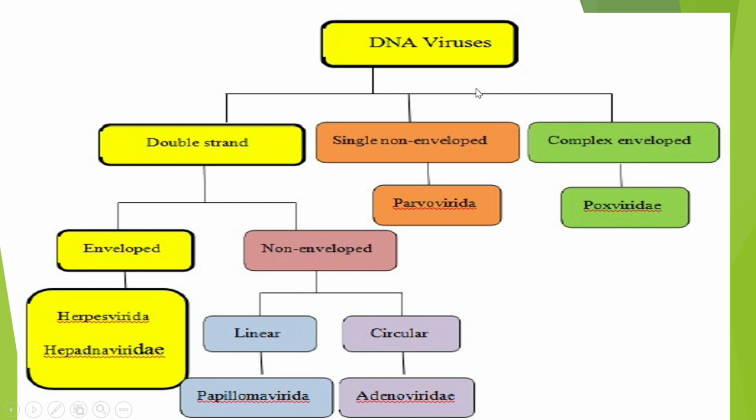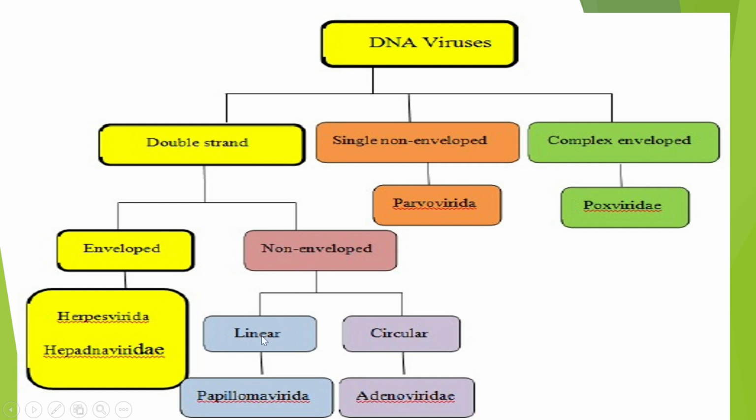The classification of DNA viruses. DNA viruses are classified into double-stranded, single-stranded, non-enveloped, and complex enveloped. Double-stranded DNA viruses are further divided into enveloped and non-enveloped. Examples for enveloped are Herpesviridae and Hepadnaviridae.